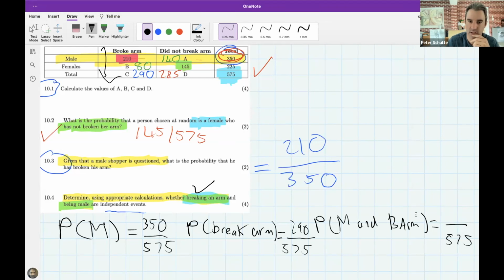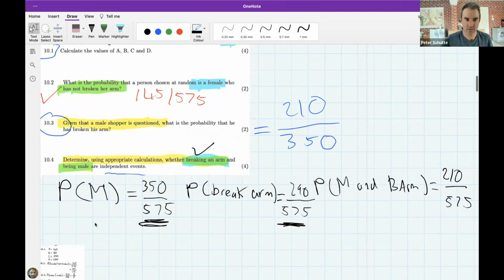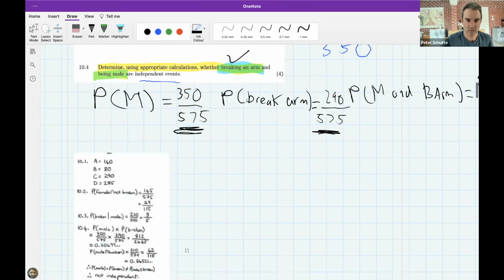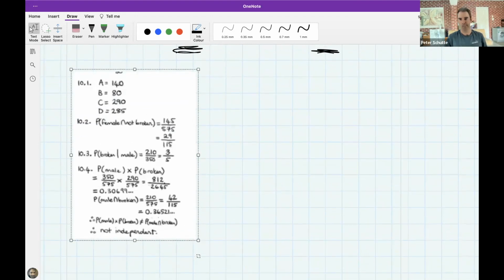But this is going to be the 210 over here. So in order to make my conclusion, I need to basically multiply this one by this one and see if it's equal to this one over here. So I get, well, in fact, you know what? I'm going to use the answers below to save time, this is the final answer. So they are not independent.